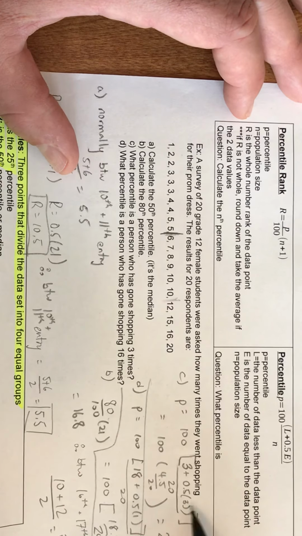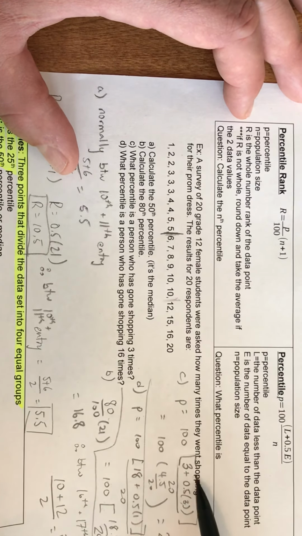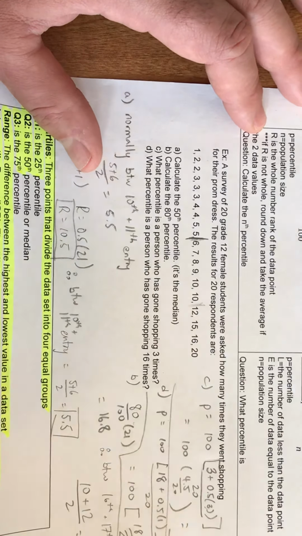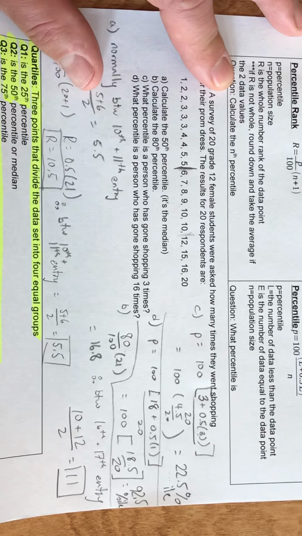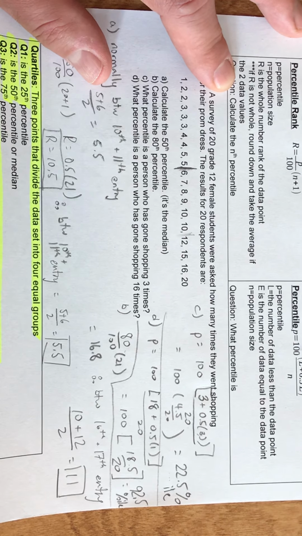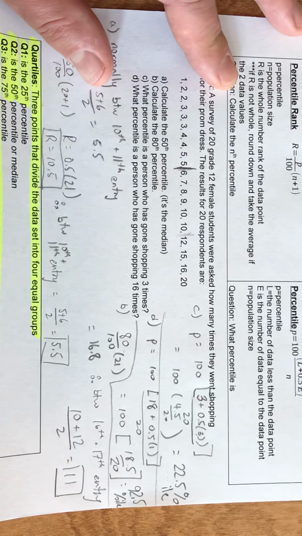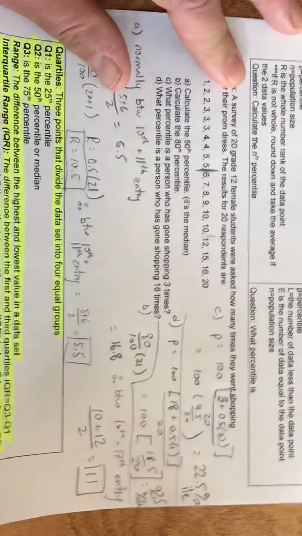We have 3 people that went shopping 3 times. Then you divide it by N, the total. When I do that, I get 22.5% as the percentile. So somebody that shops 3 times is in the 22.5th percentile. That one doesn't need to be rounded.